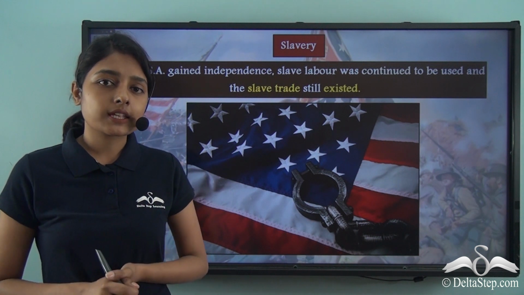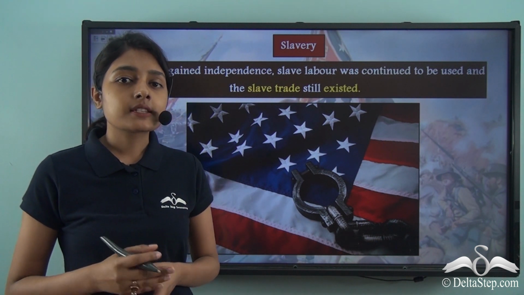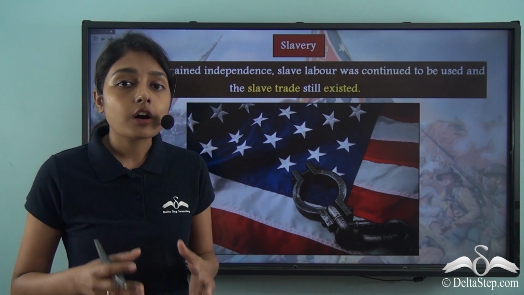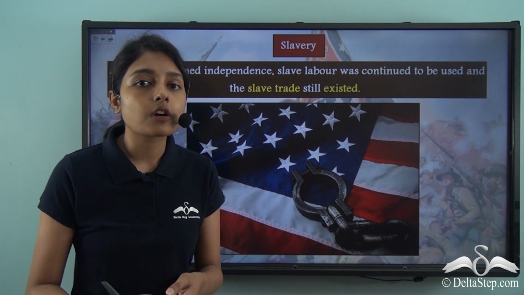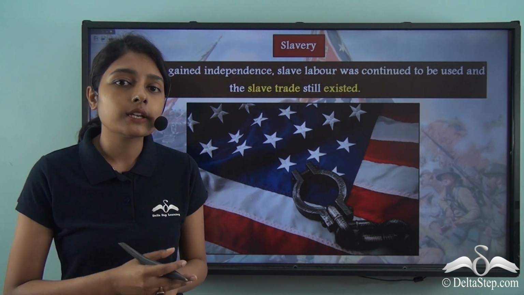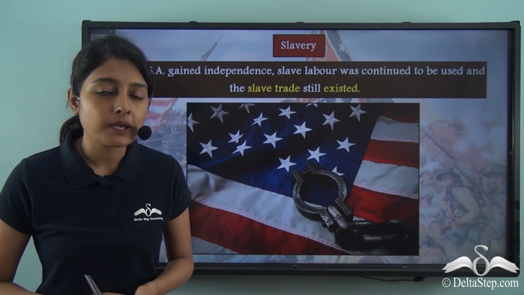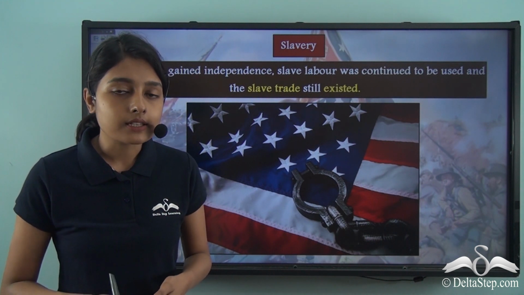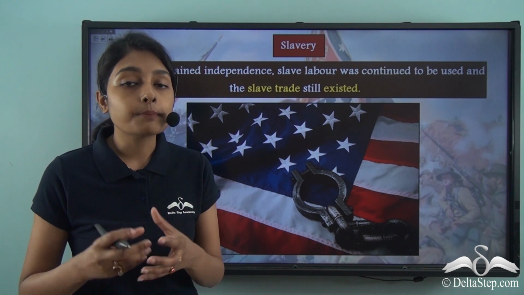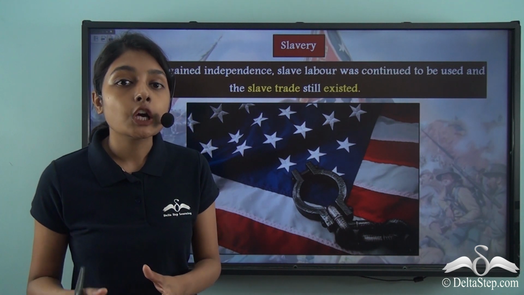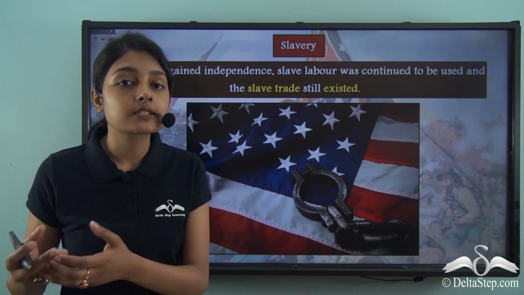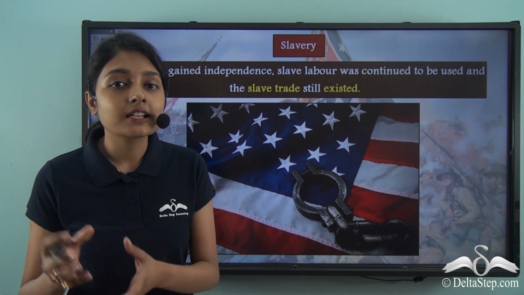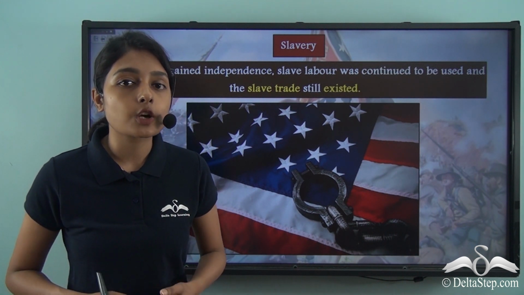But this wasn't the case. This is because the century-long institution of slavery did not come to an end with USA gaining independence. It continued well after USA got independence. Now, it is imperative on our part to find out how this practice of slavery was still prevalent even after USA got independence.